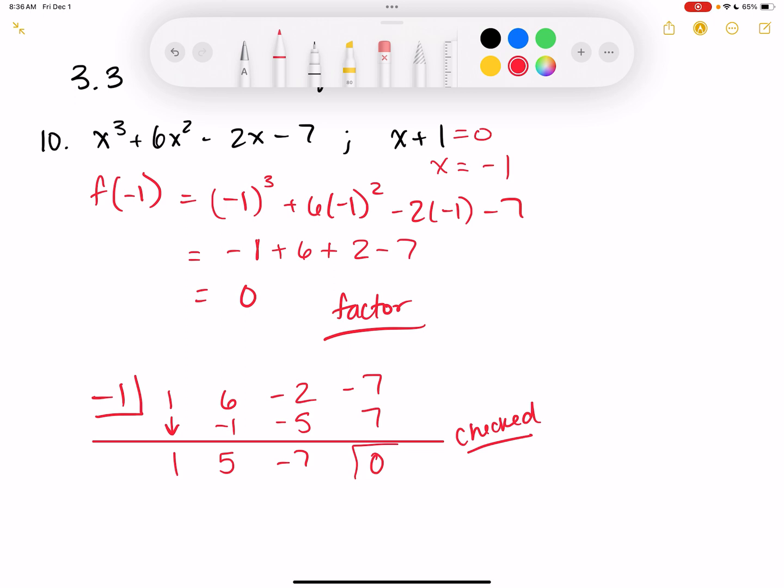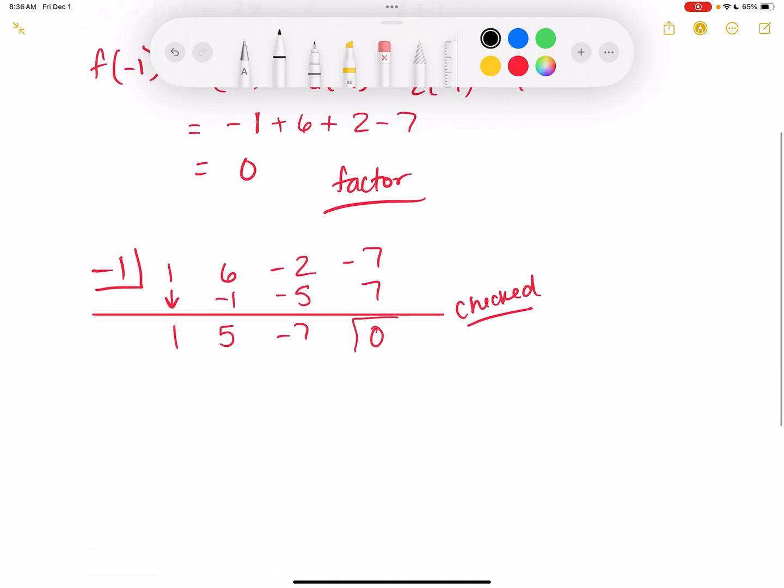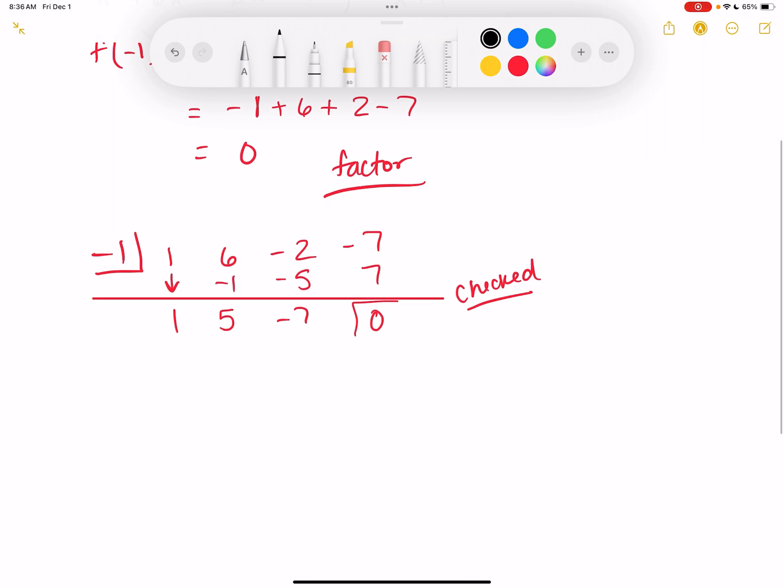All right, 18, same instructions. We have 2x cubed plus x plus 2 and x plus 1 again. So when I plug it into the factor theorem, I'm going to have f of -1.